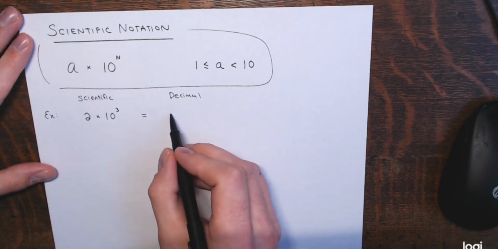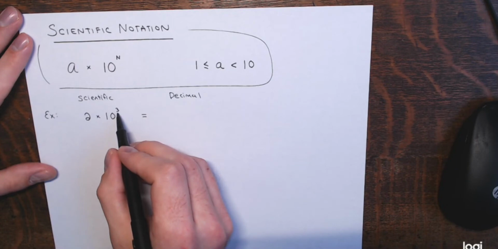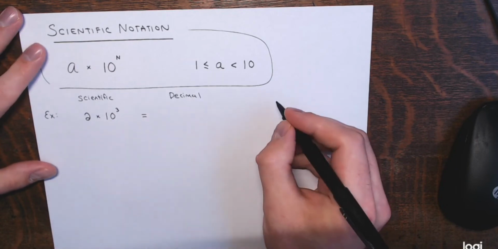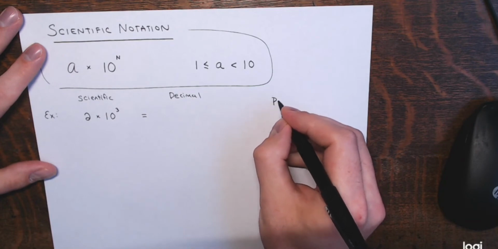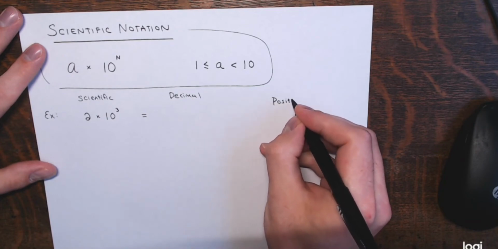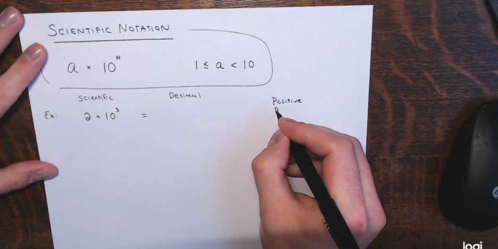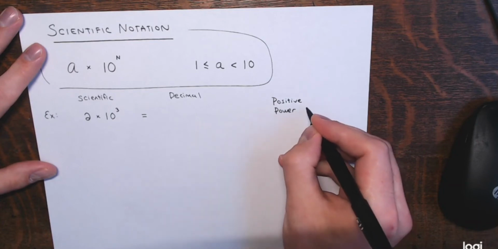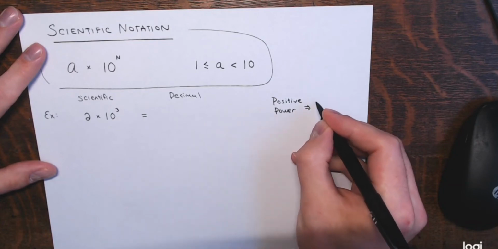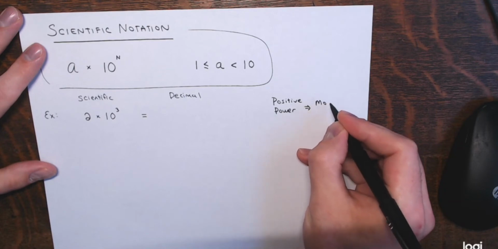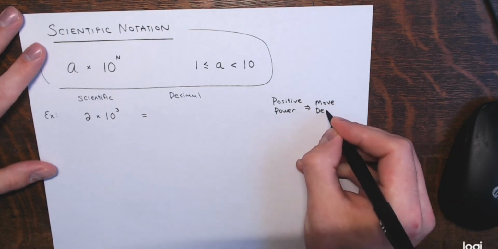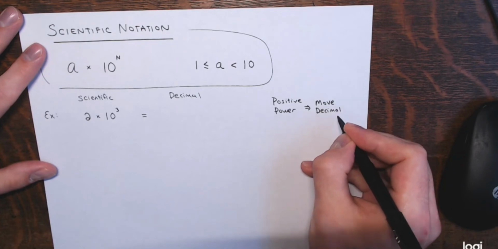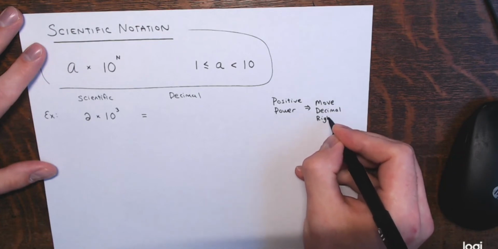The power on 10 will tell you how to move the decimal point. A positive power of 10 means move the decimal to the right that many decimal places.